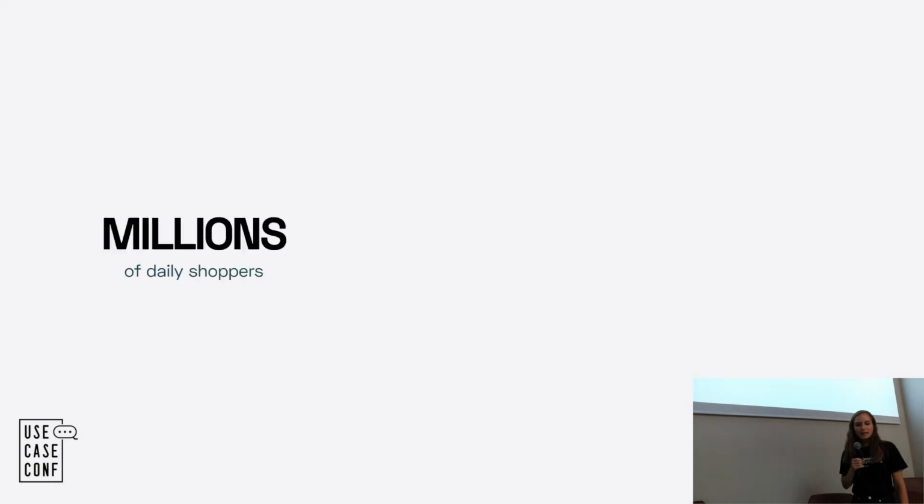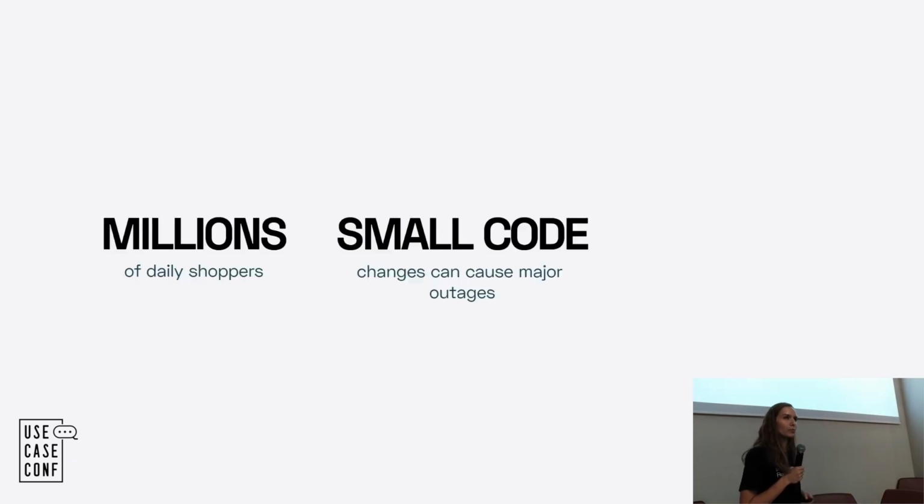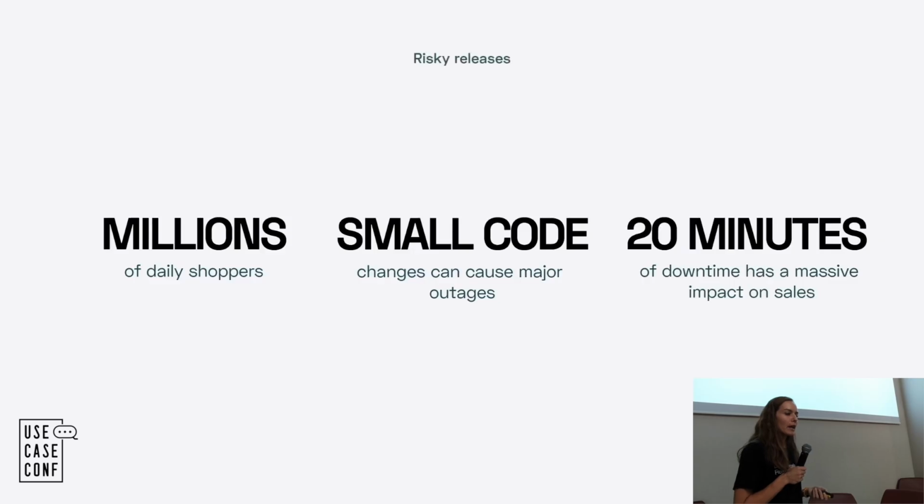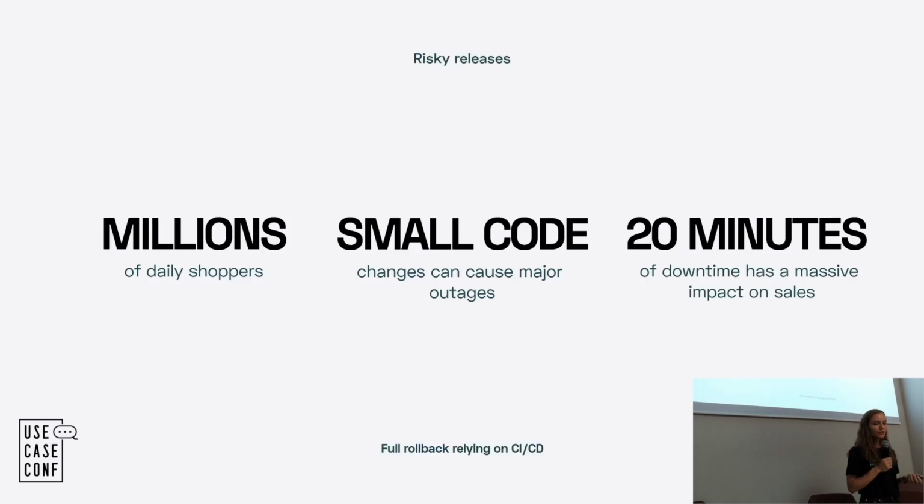And this is, again, the stats from Wayfair. So they have millions of daily shoppers, and they live in this kind of environment where even tiny code changes, like checkout not working or some recommendation algorithm misbehaving, has a huge impact for them. And similar situation as Mercadona, super risky releases, very stressful, full rollbacks relying on CI/CD.